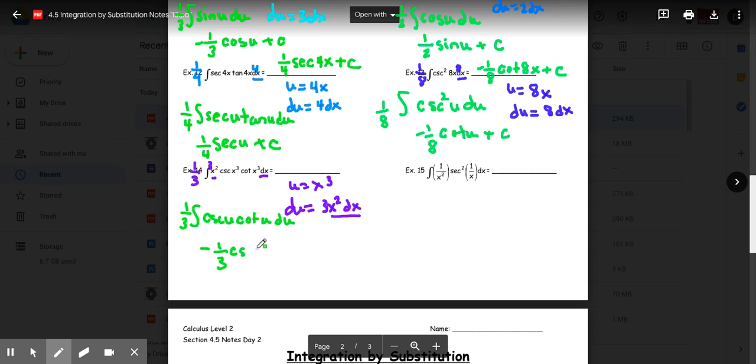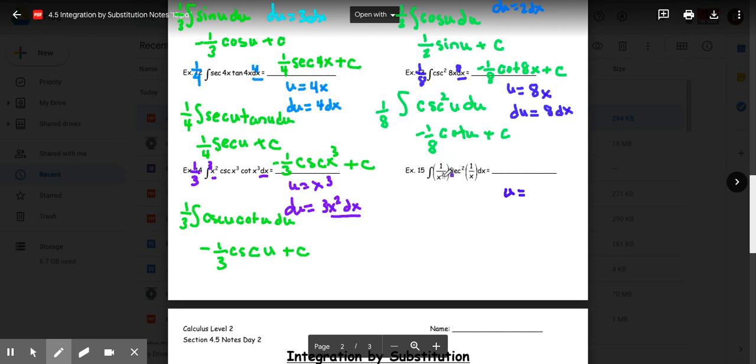So it's negative 1/3 cosecant u plus c. And the last step is to plug back in for u. So it'd be negative 1/3 cosecant of x cubed plus c.